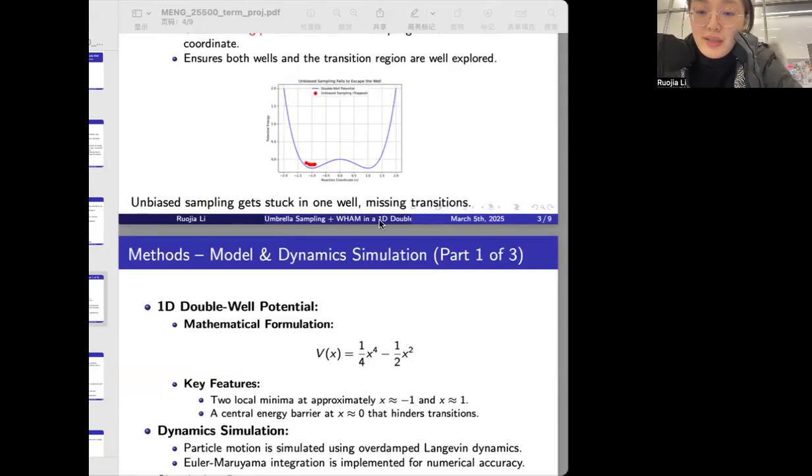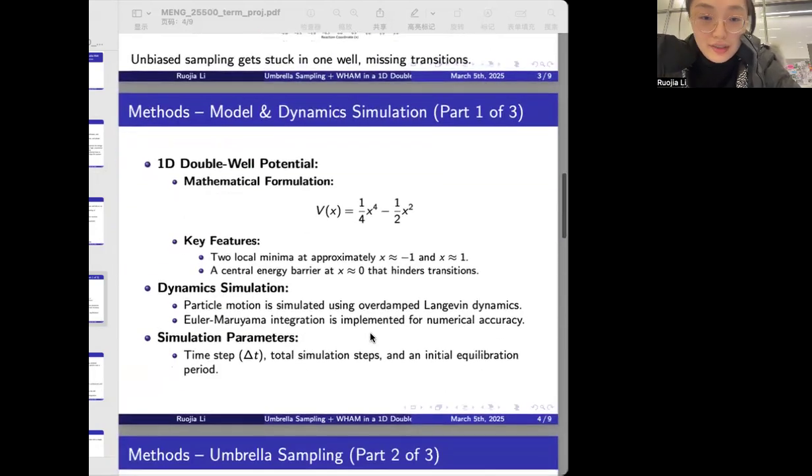It's a simple system, but it's excellent for demonstrating how umbrella sampling can tackle the problem of getting stuck in one well. In the simulations, if this is unbiased sampling, you can see that the sampling data, shown as red dots, are usually trapped in one well instead of getting into any other places.